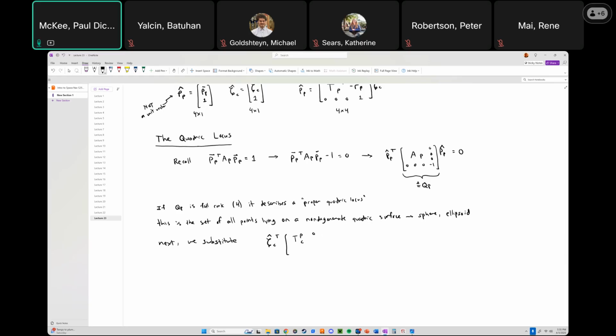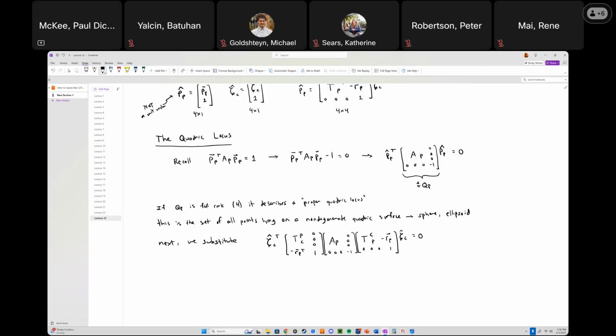T P to C, 0, 0, 0, 1, and then we have negative R_P transpose. Okay, that's a matrix. And then we have A_P, 0, 0, 0, 0, 0, 0, negative 1. And then we have the regular form, which is T, C to P, and then negative R_P, 0, 0, 0, 1, and then zeta C hat is equal to 0.